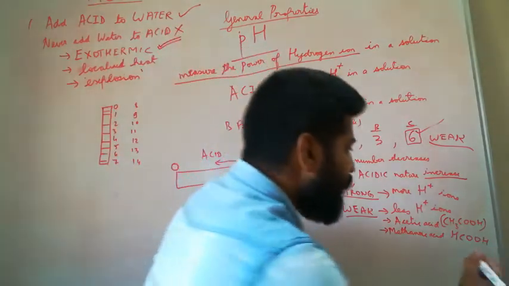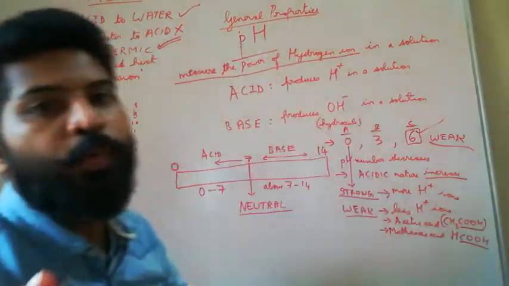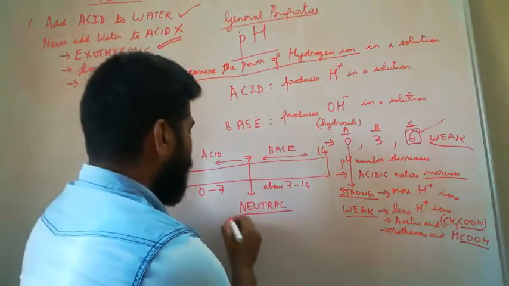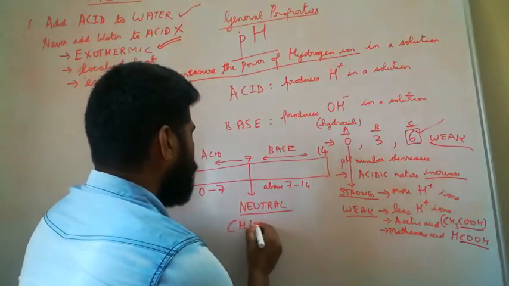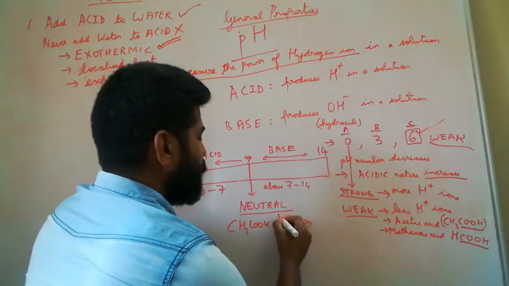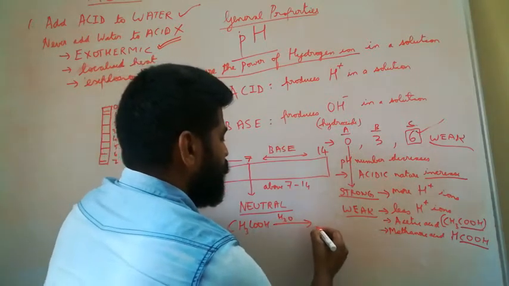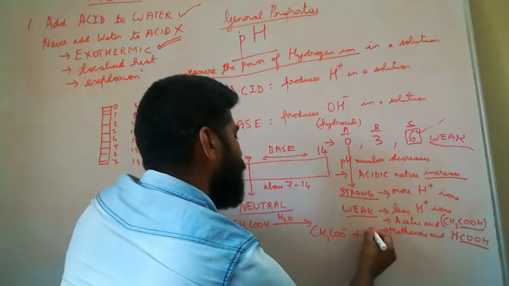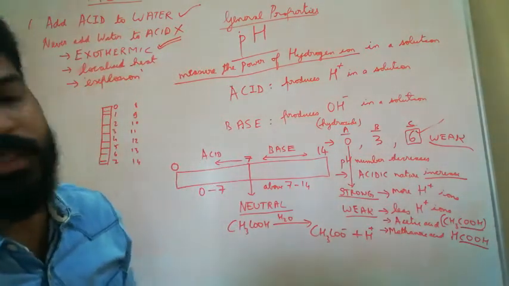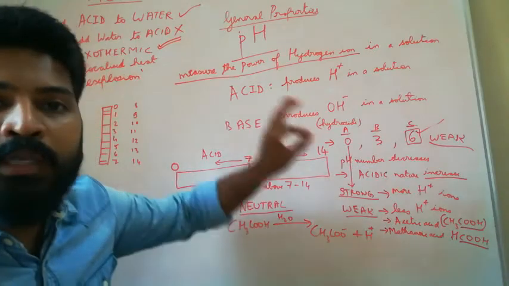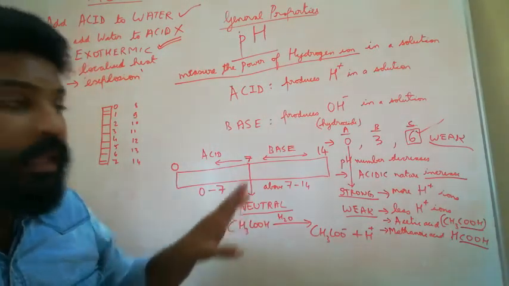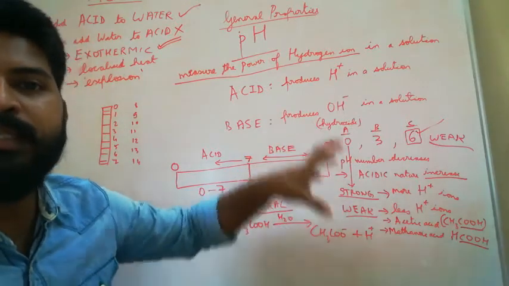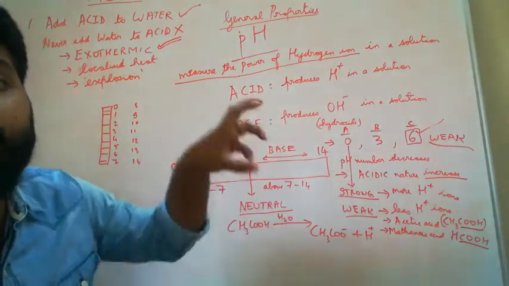So in an organic acid, that is the acidic group. If you dissolve an organic acid in water, it produces CH3COO minus and H plus ions, of course. The only thing is that because it is a weak acid, the number of hydrogen ions produced is less. Therefore, it is a weak acid.